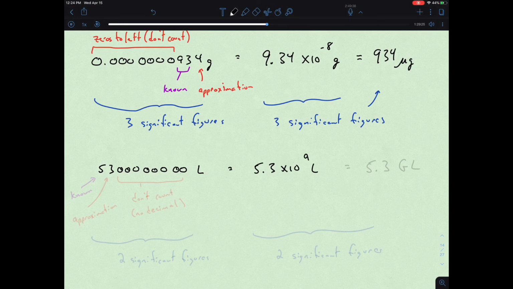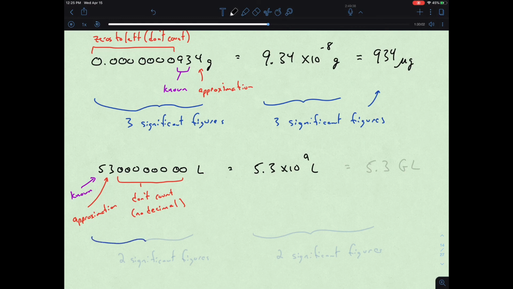All those zeros to the right don't count because there's no decimal. And so we have our known digit as well as the approximation. So just two significant figures.